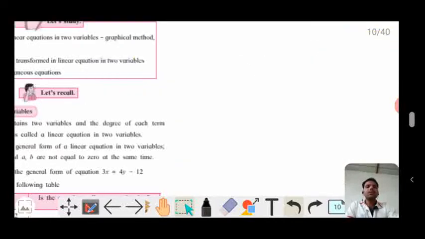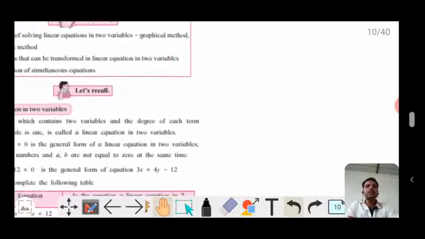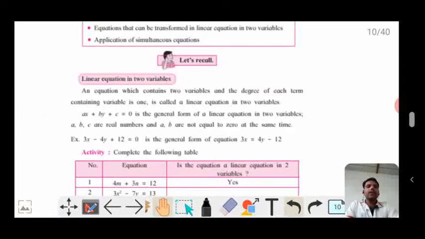ax plus by plus c is equal to 0 is the general form of a linear equation in two variables. Here a, b and c are real numbers and a and b are not equal to 0 at the same time.